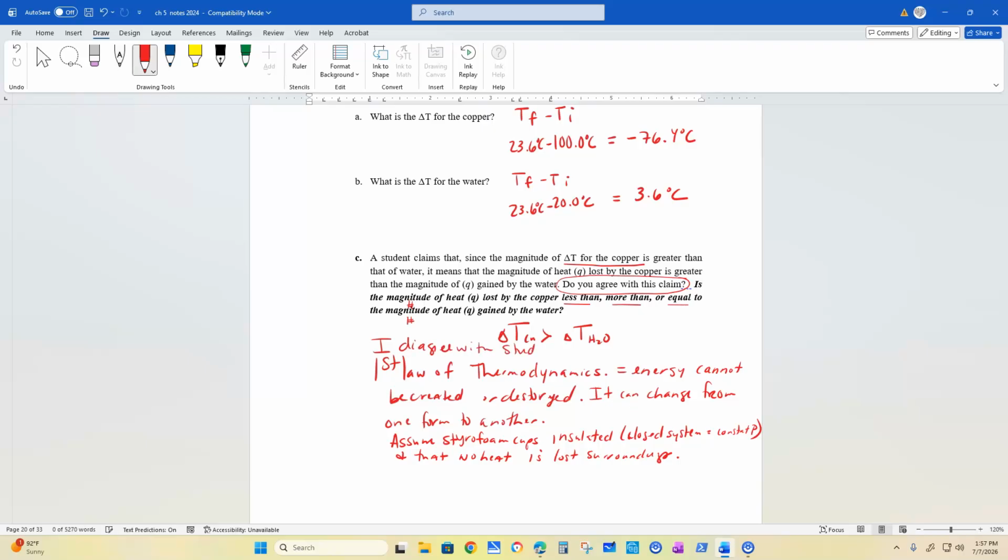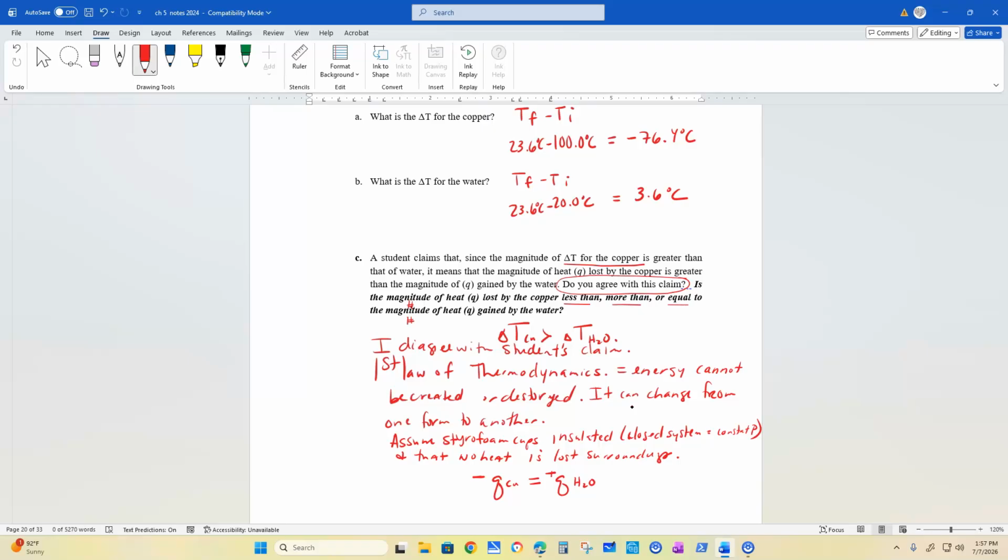Okay. I disagree with students' claim. Now, sometimes when you're in the moment of answering these types of questions, you can even mention this down here at the bottom too. You just have to mention it somewhere. I always like to put it in the beginning, okay? So that means that the magnitude of heat that was lost by copper has to equal the magnitude gained by the water.